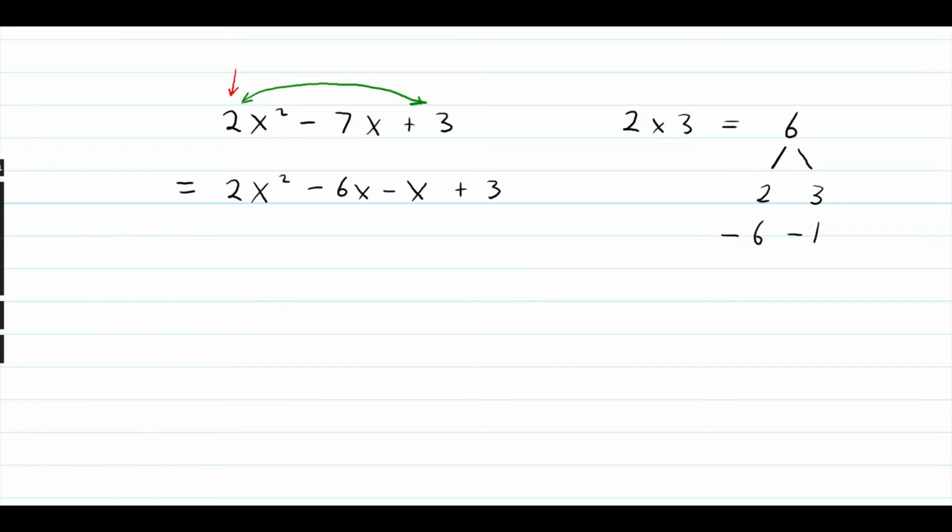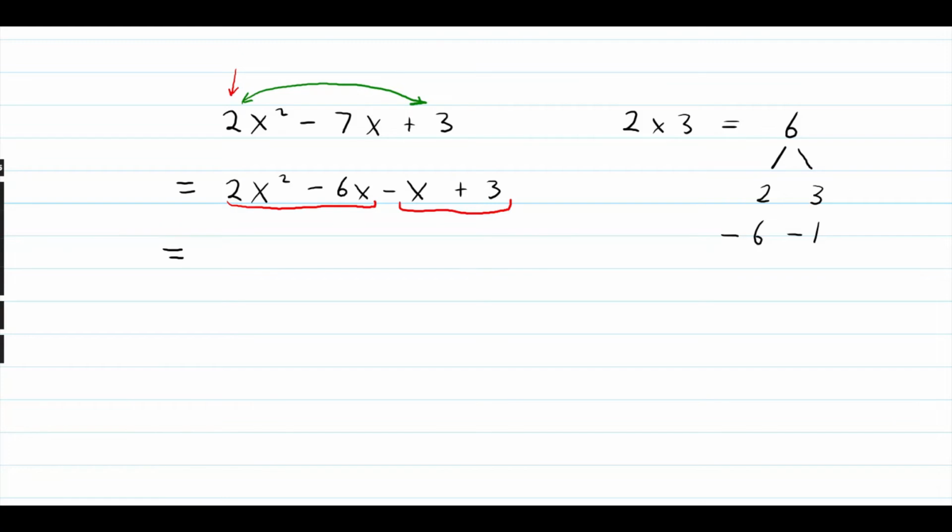So we haven't actually changed our equation at all. You can see that minus 6x minus x is going to give you minus 7x. So we haven't changed anything, the value of it or anything. We've just changed how it looks. The next thing we do is we factorize. First of all, we're going to factorize this side, these figures, and then we're going to factorize the 2 of these.